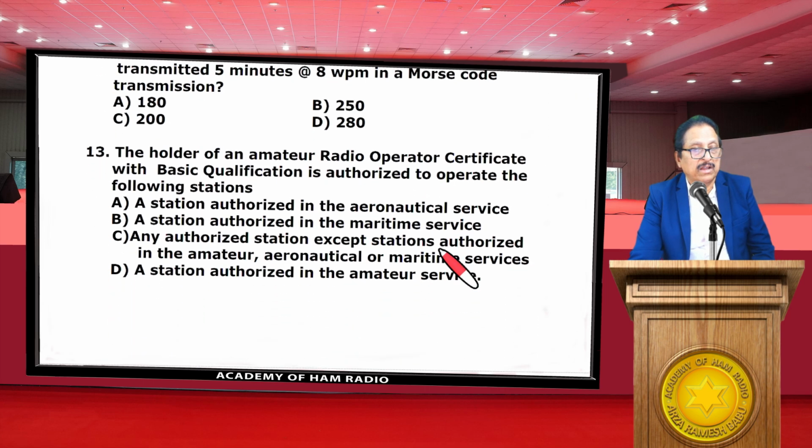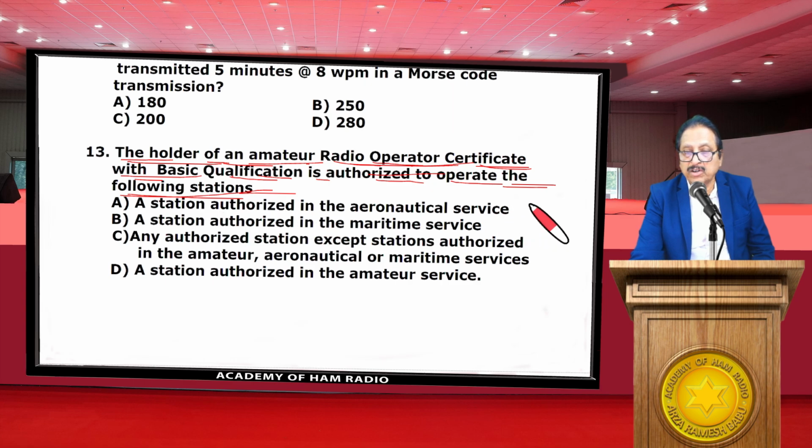Thirteen. The holder of an amateur radio operator certificate with the basic qualification is authorized to operate the following station.